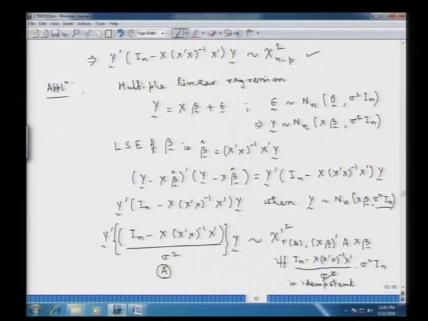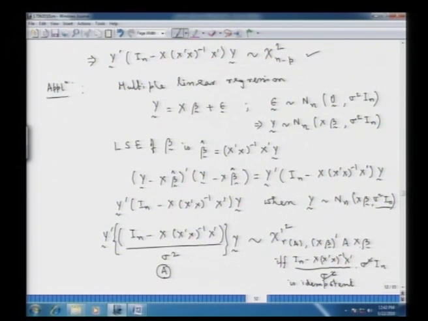Now, the sigma square term cancels out, and the condition for chi-square distribution is that In minus X transpose X inverse X transpose is idempotent, which we have already proved in the previous problem. Hence this divided by sigma square is going to follow a chi-square distribution.